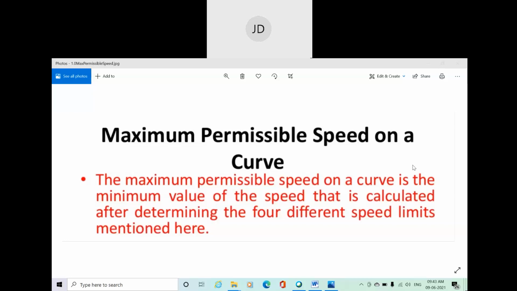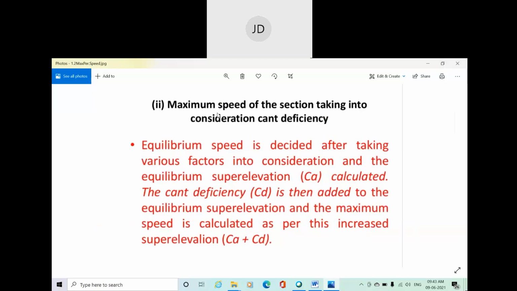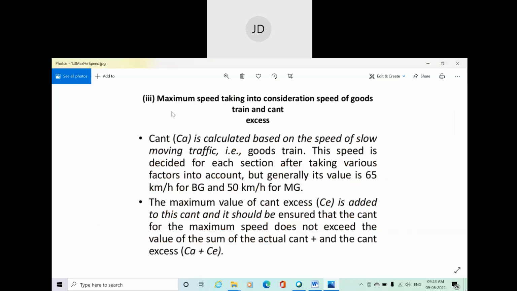What are the four conditions? First one we need to consider is the maximum sanction speed of the train over a section. This is the first condition. Then the maximum speed taking into consideration the cant deficiency. Then the third one, maximum speed taking into consideration the speed of the goods train or cant excess.